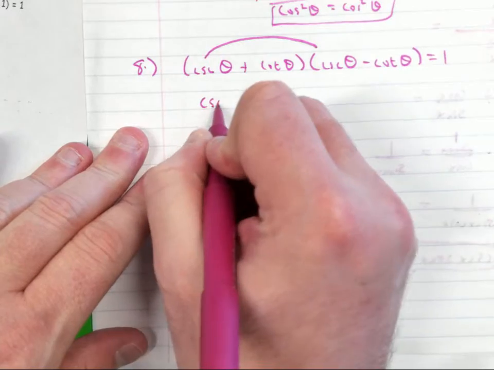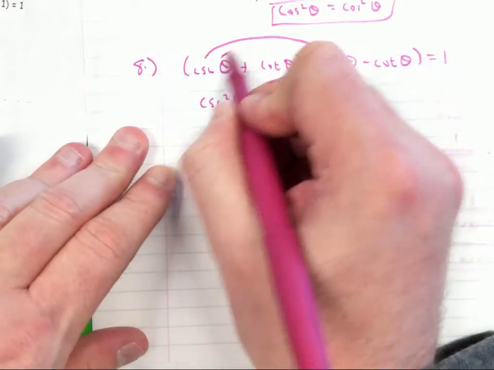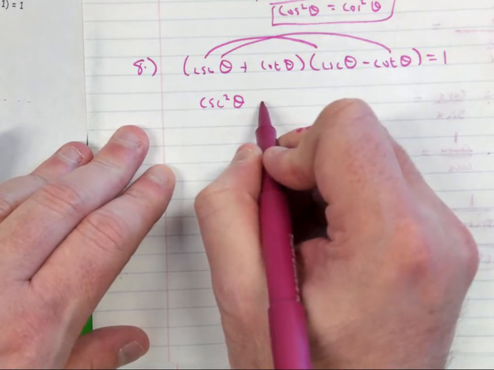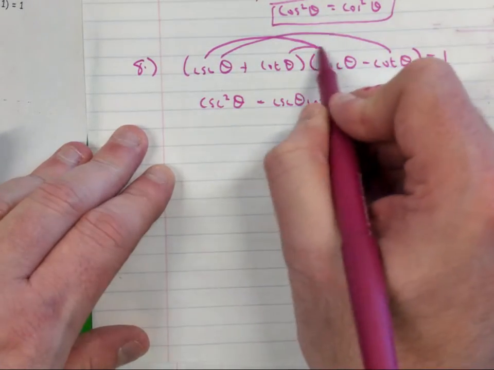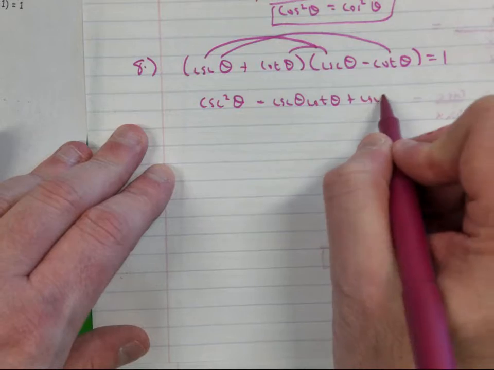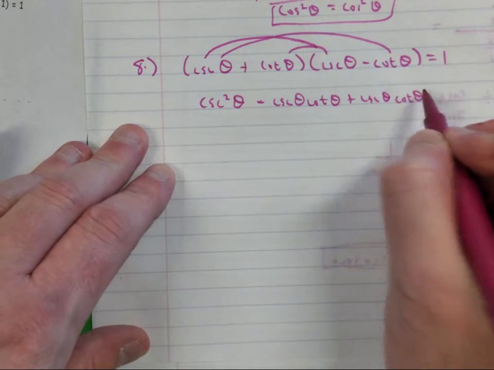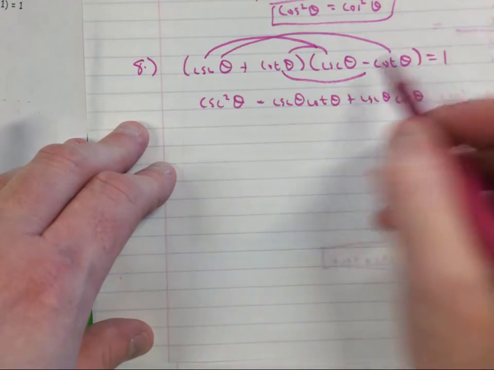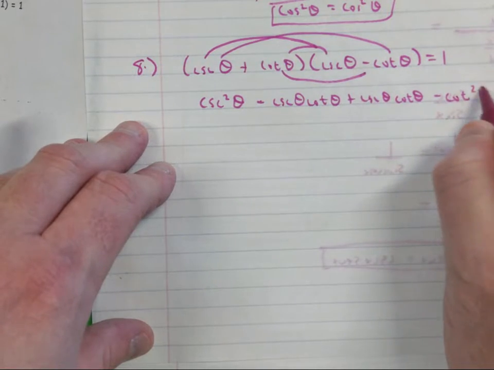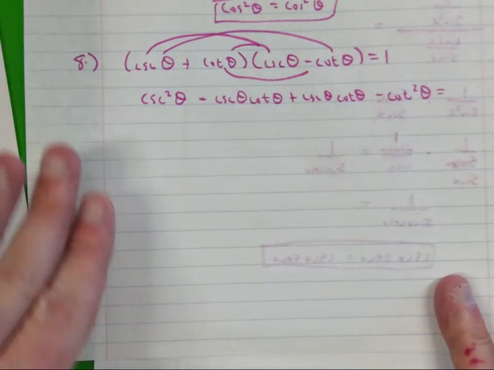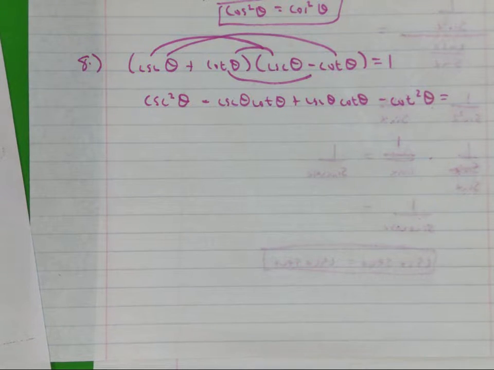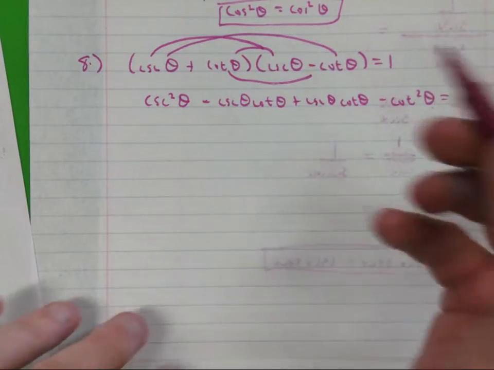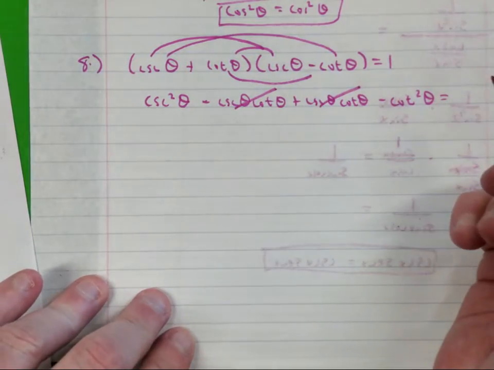Cosecant times cosecant is? Cosecant times negative cotangent would be negative cosecant theta cotangent theta, plus cosecant theta cotangent theta. What happens to those middle terms? Because they're like terms, aren't they?